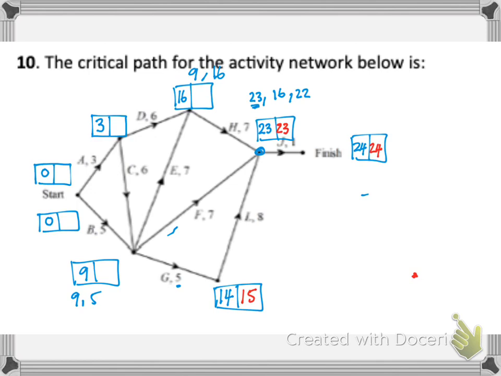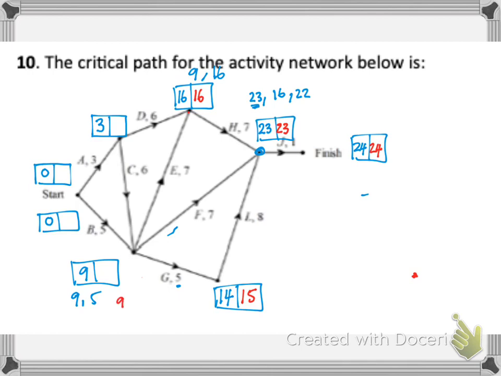Let's have a look. We can do this vertex here. 23 take away 7 is going to be 16. And then let's come down and look at this vertex here. So I can have 16 take away 7 is 9.